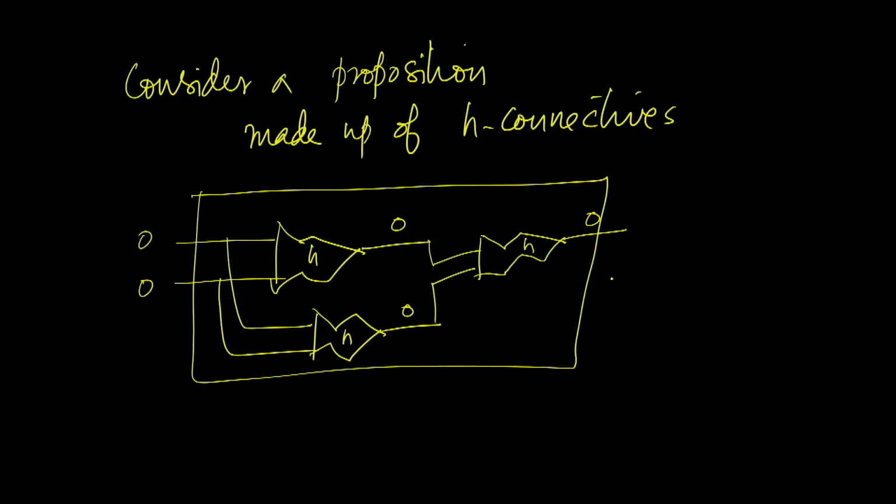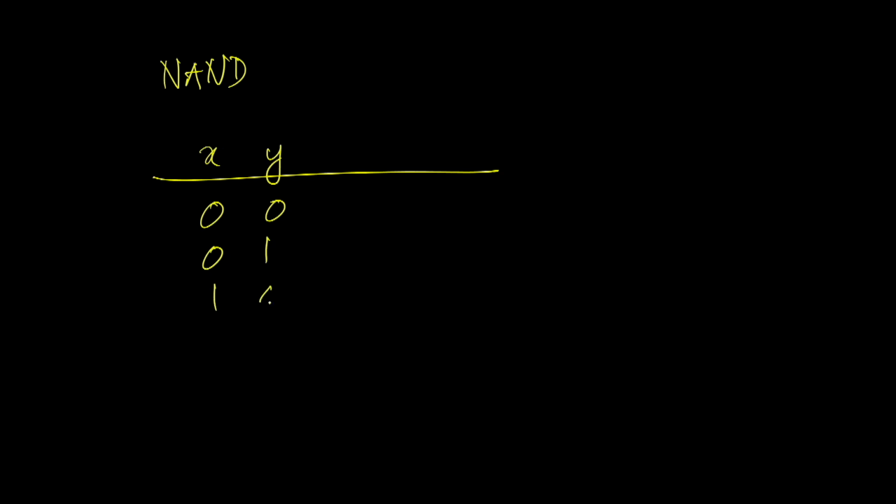But every Boolean function is not of this form. In particular, the NAND function, the truth table of NAND is like this. In particular, this entry is 1.